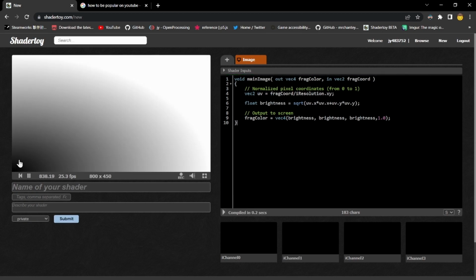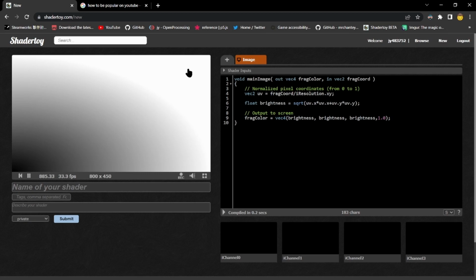For pixels here, my frag coord is 10 10, and then divided by 800 450, close to 0. 0 squared plus 0 squared, and square root of that, it's still 0. Our brightness here is close to 0, so they're black. How about a pixel around here? This pixel is 800 450.